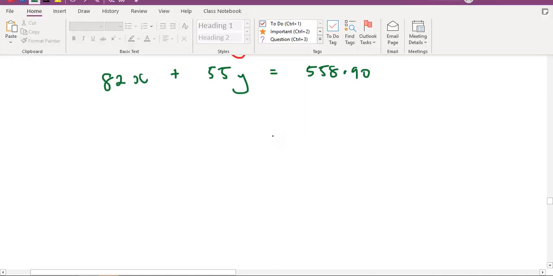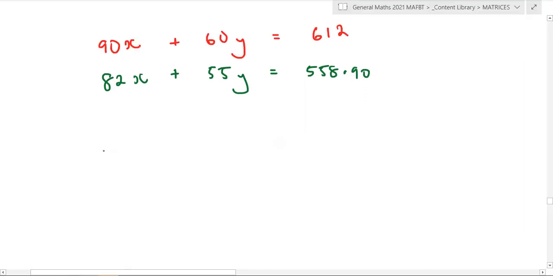We now need to split this up into our number matrix. Notice that because there are 2 equations, it's going to be a 2 by 2. You list down your coefficients for the x and y, times your unknown matrix, x and y, which is what we're looking for. Remember, x is coffee, y is tea.